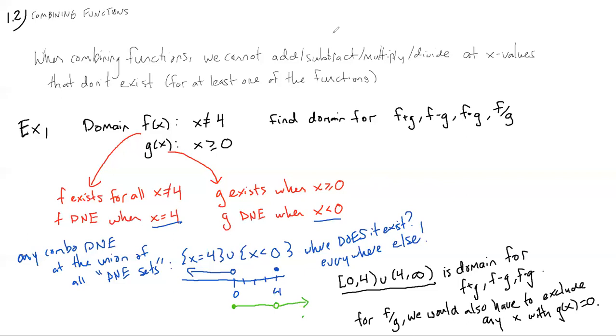Another way you might want to look at this, getting a little bit into set theory and logic: instead of piling up all the places where it doesn't exist and throwing all of that out, we could take the intersection of all the domains.